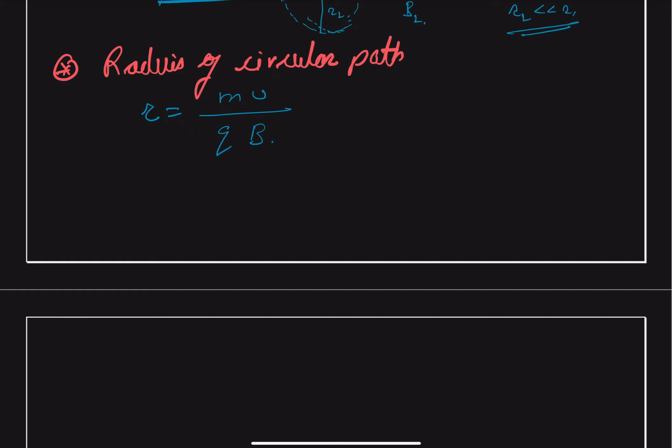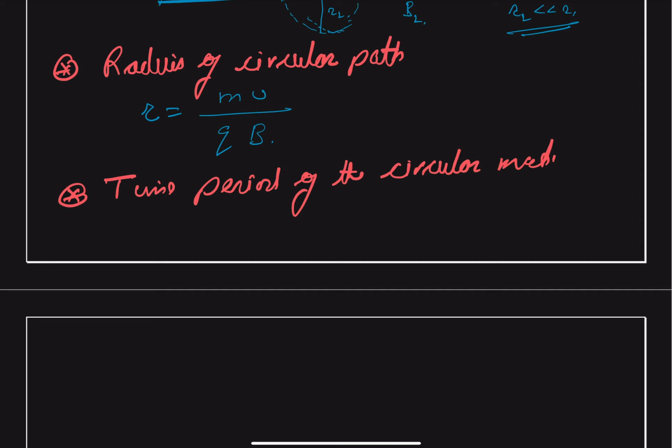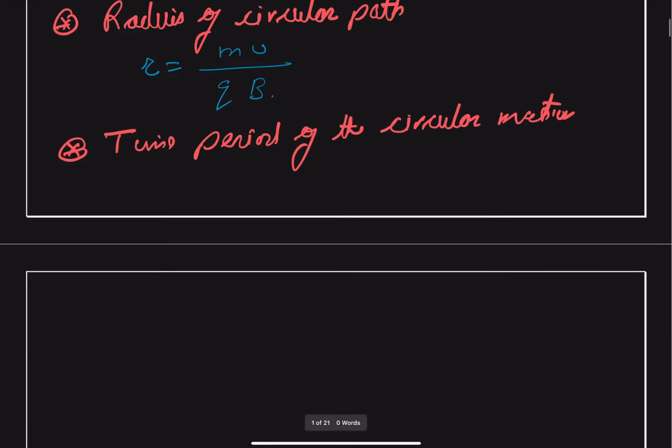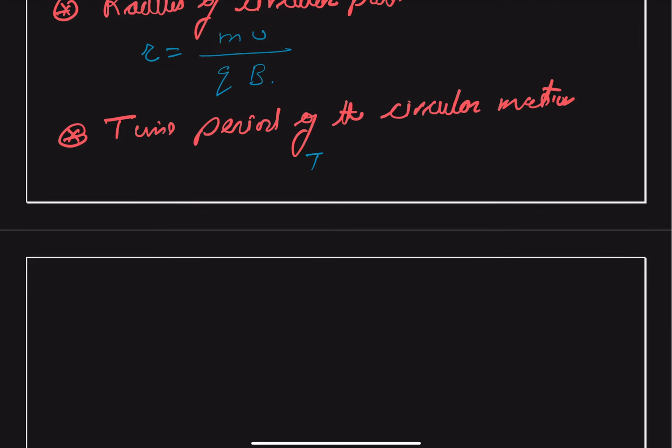And the time period of the circular motion is given as capital T, equal to 2 pi m divided by qB.